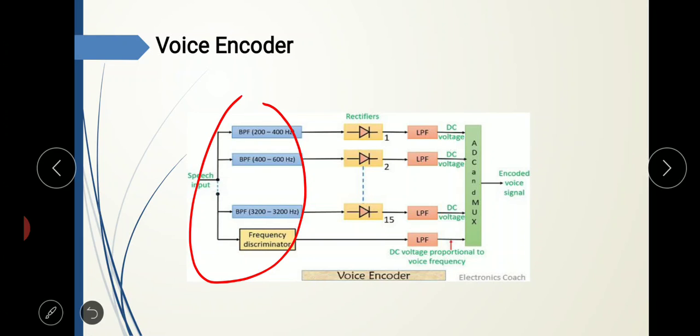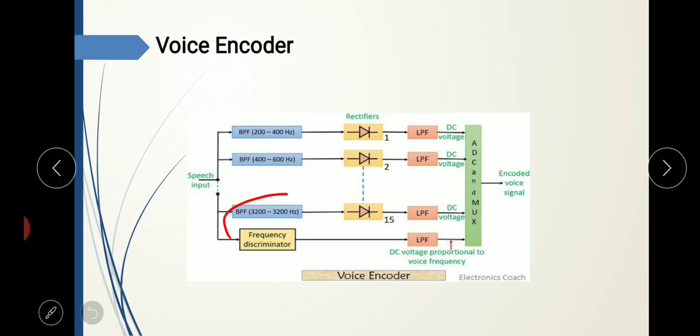The frequency spectrum is divided into 15 frequency ranges having bandwidth 200 Hz, each bandpass bandwidth. So 200 to 400, like this 15 frequency ranges present here.